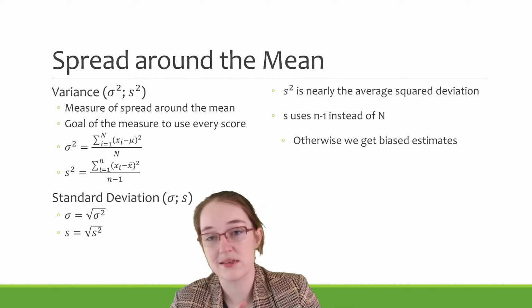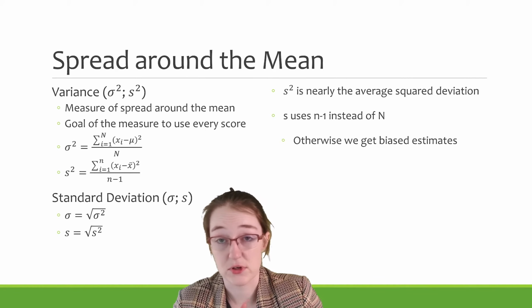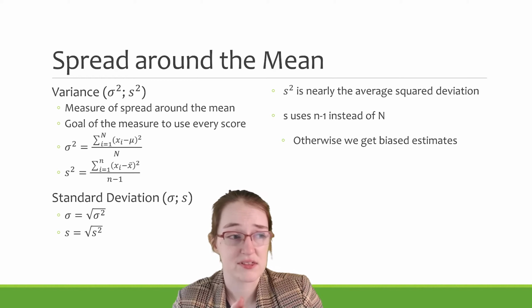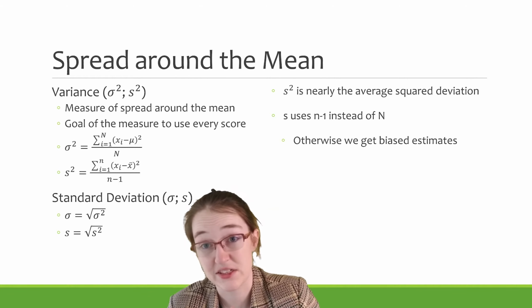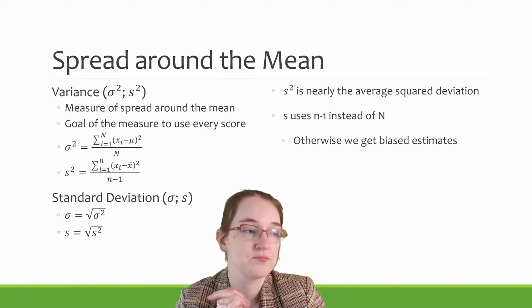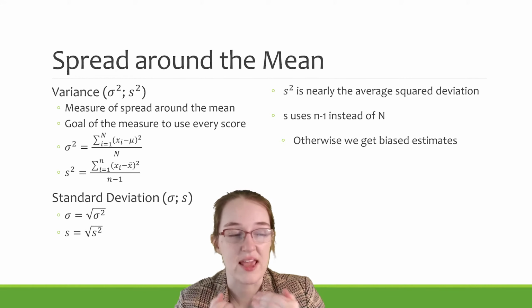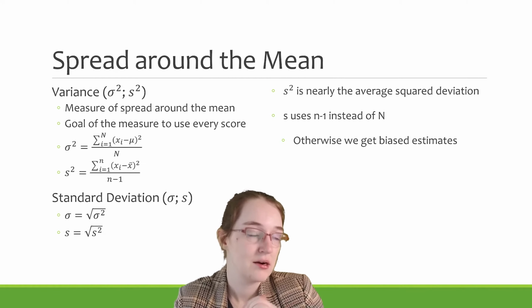Variance is an unstandardized version where everything is in squared units, versus our standard deviation, which is the square root of it. It gives us kind of the average deviation from the mean.